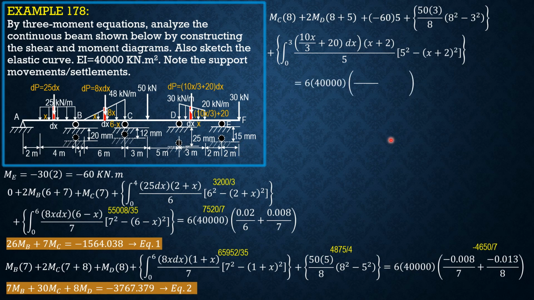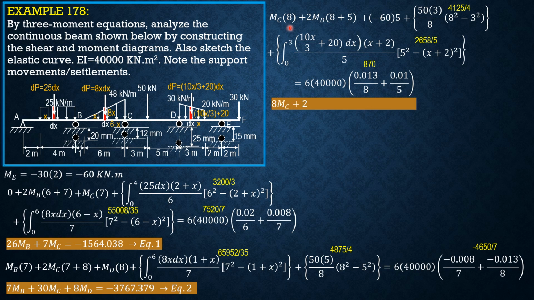So it equals 6 times 40,000, quantity 0.013 over 8 plus 0.01 over 5. So the value of this 6 area 1A over L1 is 4125 over 4. The value of the integral is 2658 over 5, and the value of the right side is 870.